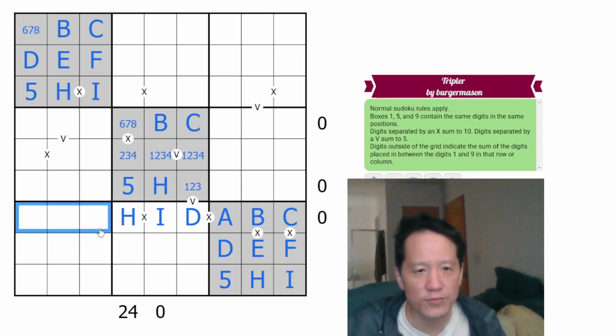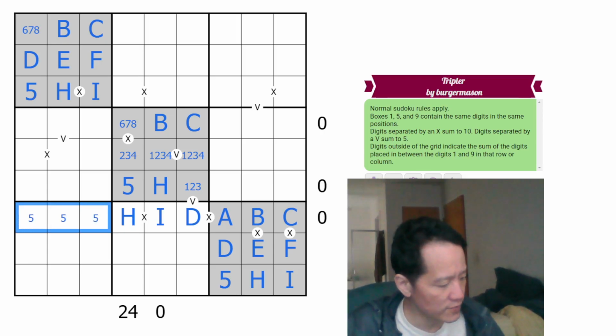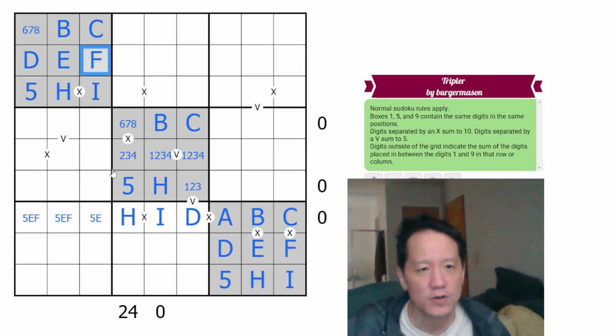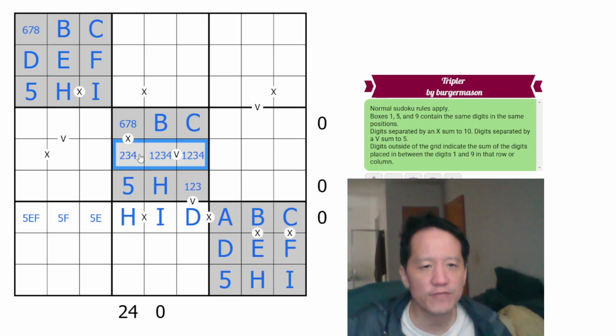And the remaining 3 digits in column 7 have to be specifically 5, E, and F. So it's 5, E, and F. We're not sure which. This can't be F, though. This can't be E because of that E. We have 3 digits which are from 1 through 4.